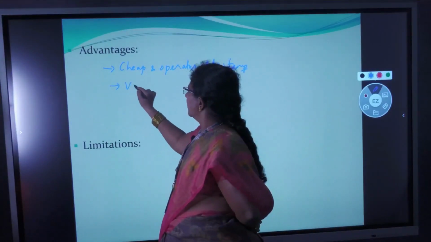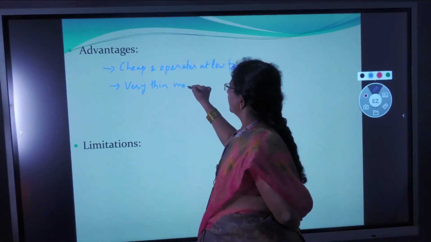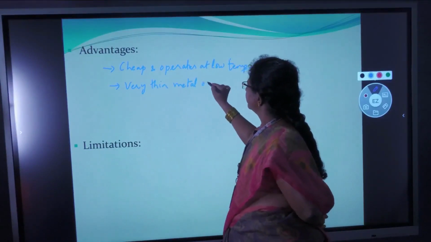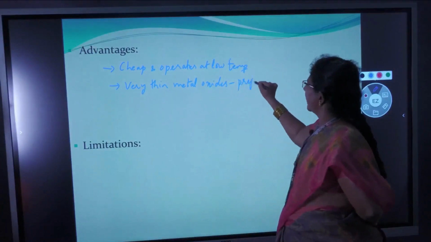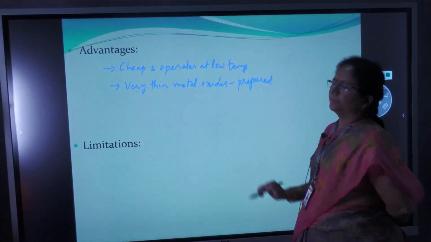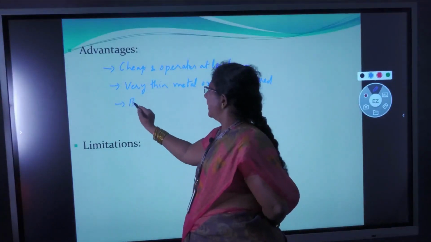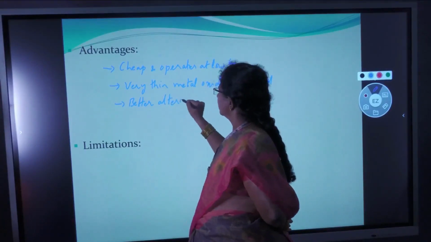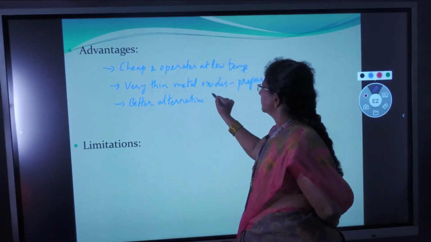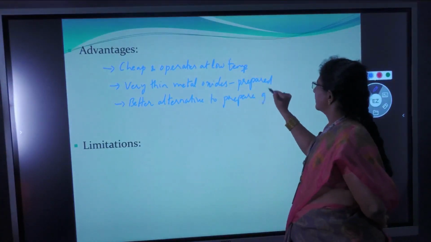And next, very thin metal oxides can be formed. That means very thin metal oxides can be prepared. And this method is a better alternative method to prepare glass.